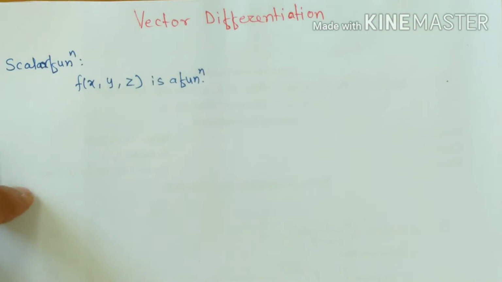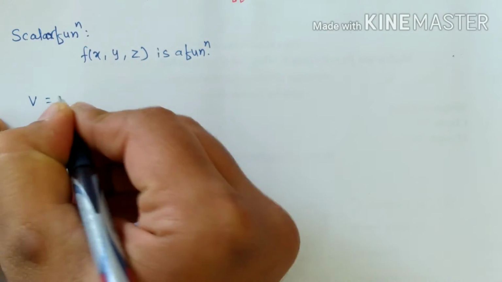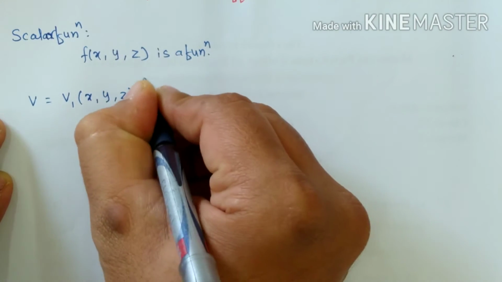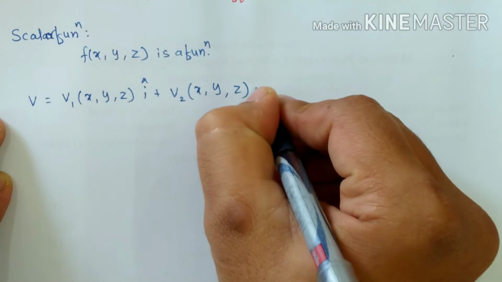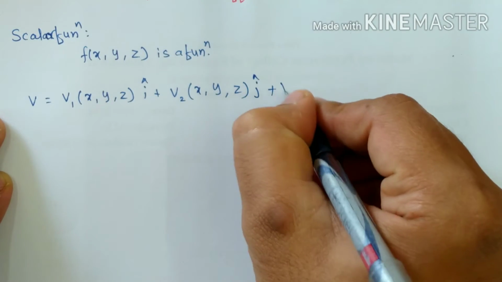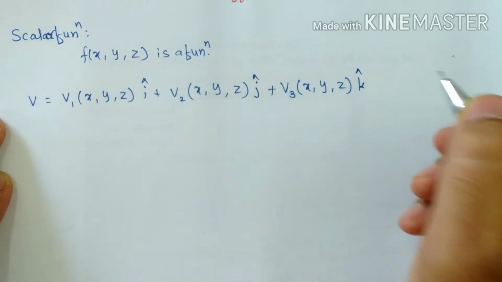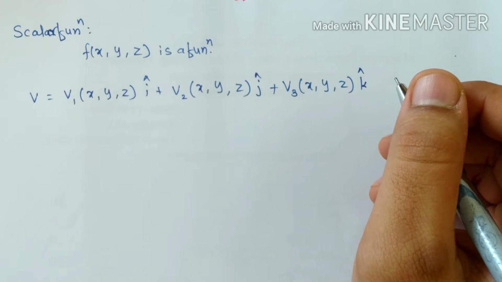But if you have a vector function like this, say v is equal to v1 of x comma y comma z into i cap plus v2 of x, y, z into j cap plus v3 of x comma y comma z into k cap. Now how to get the derivative of this?